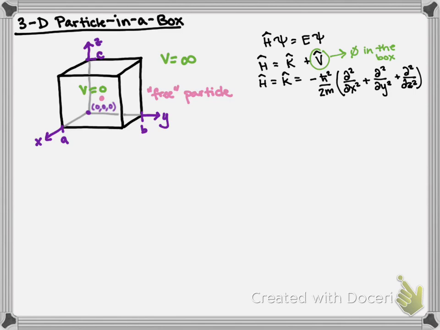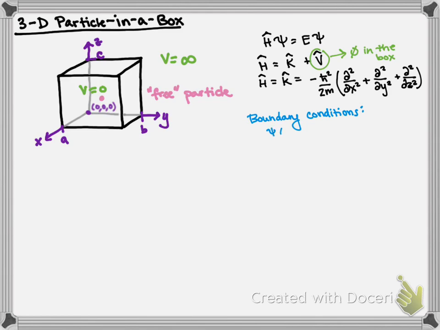So we're going to have to take into consideration the second order derivative with respect to each direction. So here we'll have negative h bar squared over 2 times the mass of the particle times the sum of the second partial derivative with respect to x, the second partial derivative with respect to y, and the second partial derivative with respect to z of our wave function.